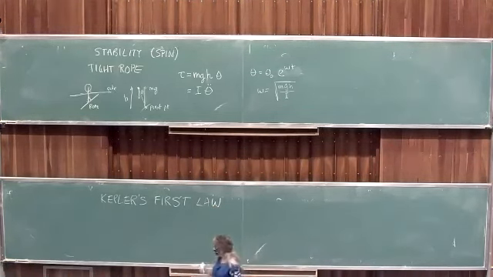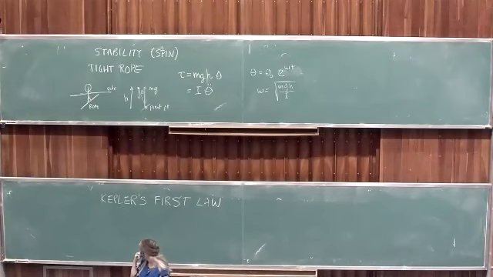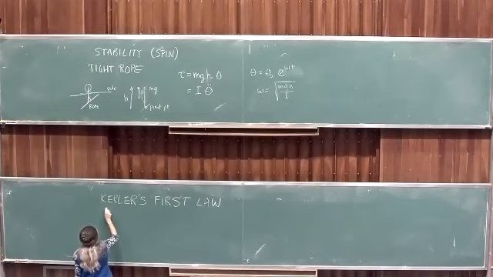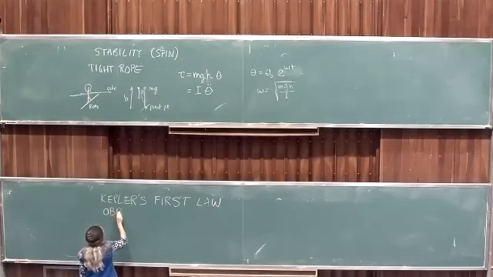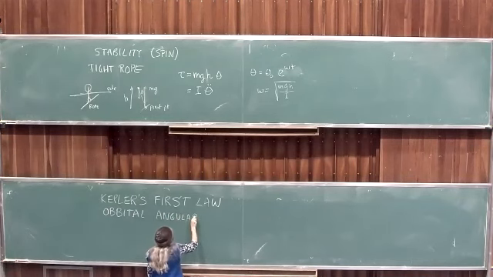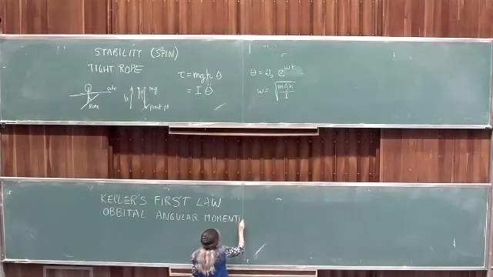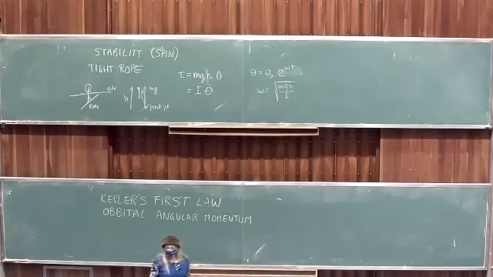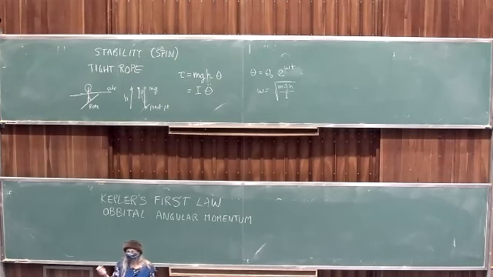Okay, so the setting here is not rigid bodies. We're going to talk about orbital angular momentum. You can take R cross P for any point mass, and in this case that's if you use the origin as the sun.